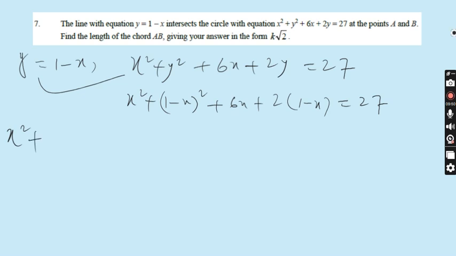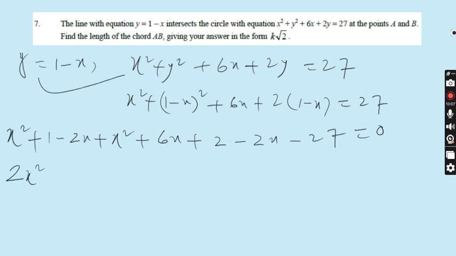So x square plus 1 minus 2x plus x square plus 6x plus 2 minus 2x minus 27 is equal to 0. x square plus x square is 2x square, minus 2x minus 2x minus 4x plus 6x is plus 2x, and plus 2 plus 1 is 3, 3 minus 27 is minus 24, is equal to 0.